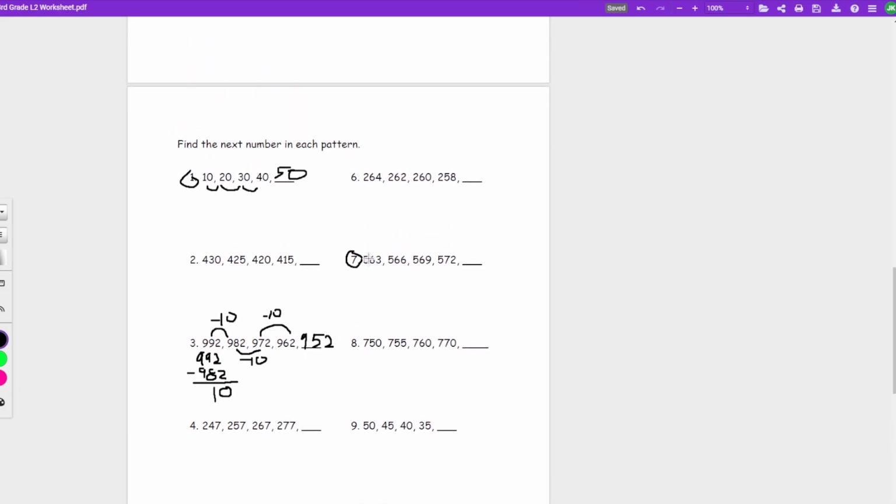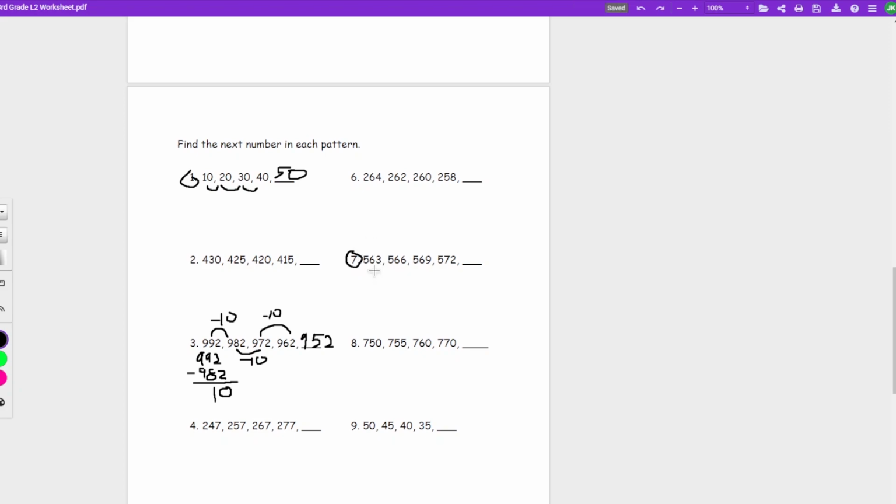Okay, question number 7. 563, 566, 569, 572. Now, to find how it's changing from this number to this number, I'm going to subtract the smaller number from the bigger number. So the bigger number would be 566 and the smaller number is 563.